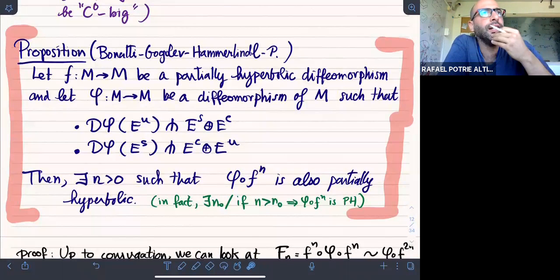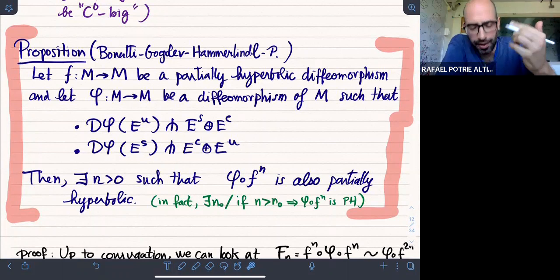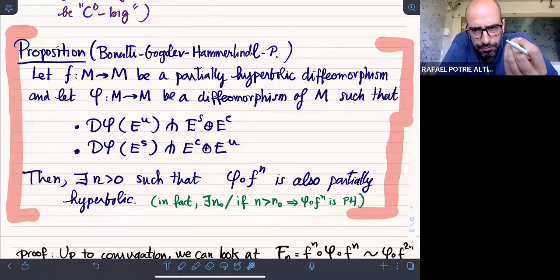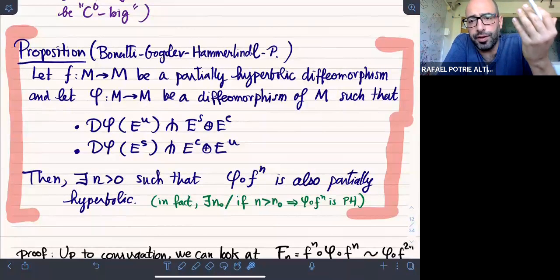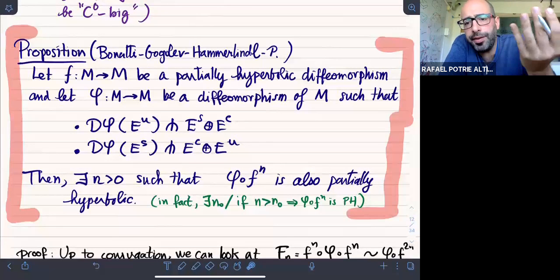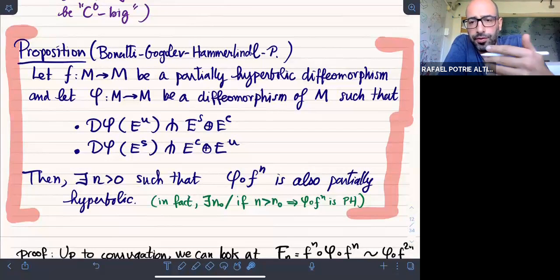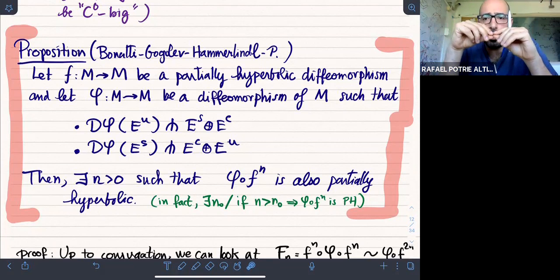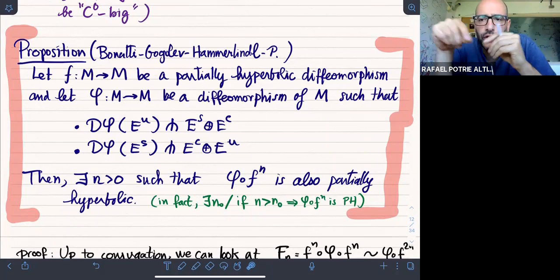Okay, so the first example you can think of verifying this kind of criteria, for whoever knows this example, is Mañé's example. So if you take a derived from Anosov example, this remark is already present in those examples, and I think it goes back even to Smale and Mañé and Shub, and there are many examples in which the key remark is that if you do a C0 small perturbation, then you control the image of the points.